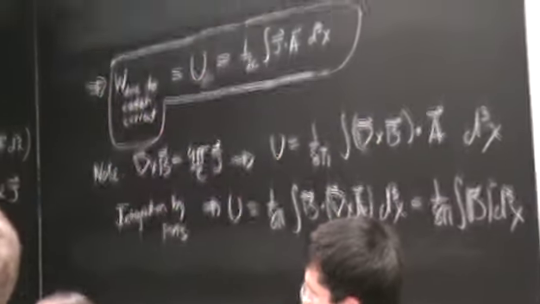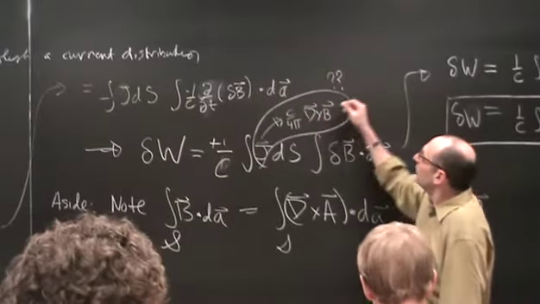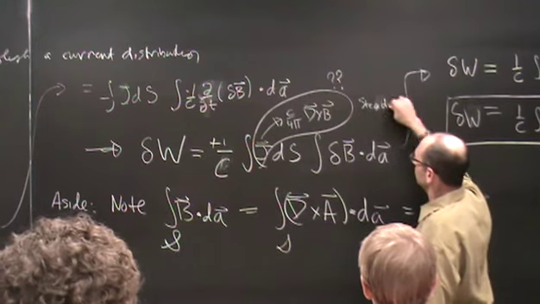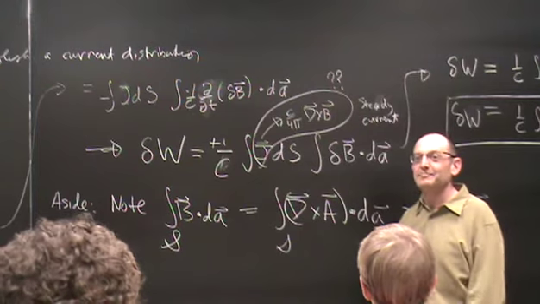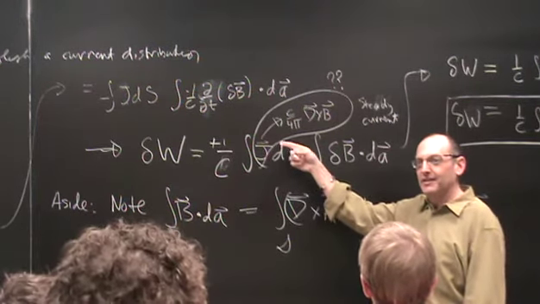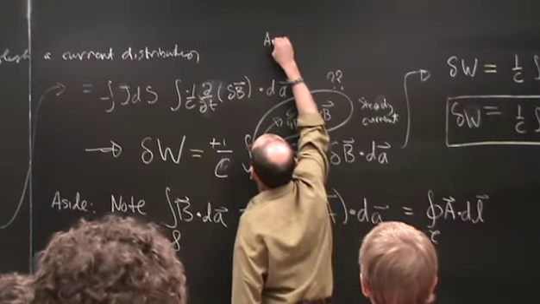I made this substitution. Remember that this relationship between the magnetic field and the current was only true for a steady current, because this was the magnetostatic relationship.